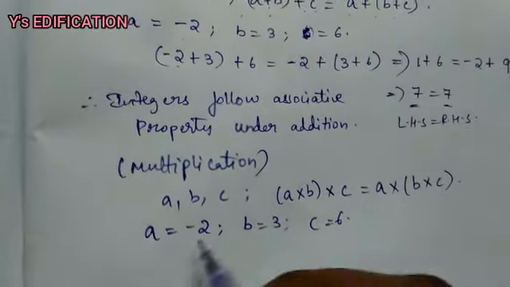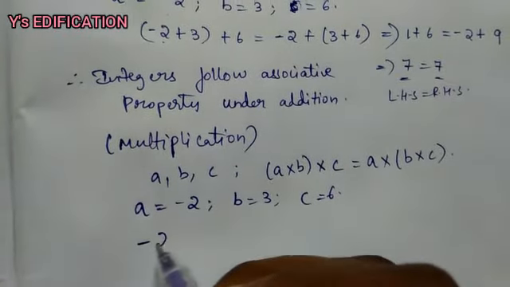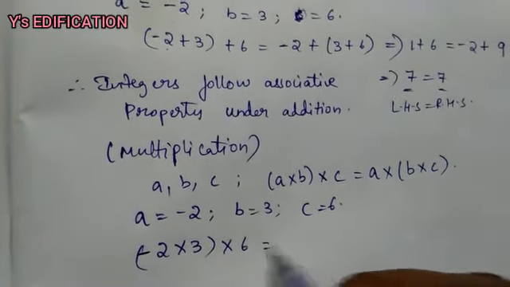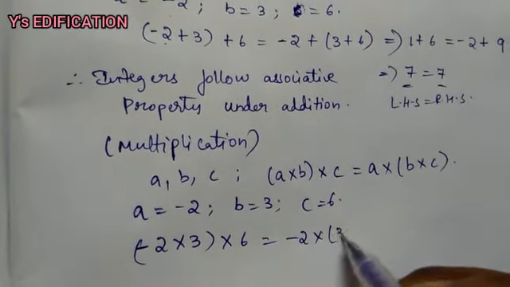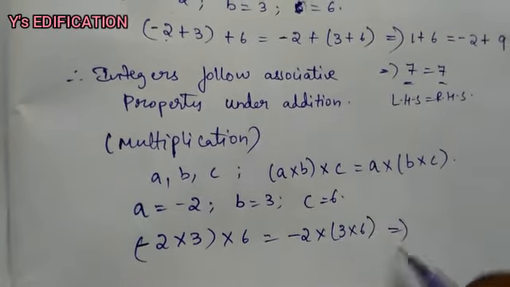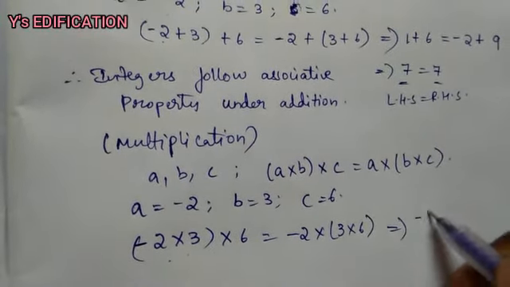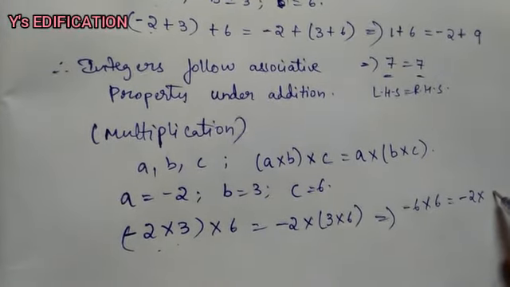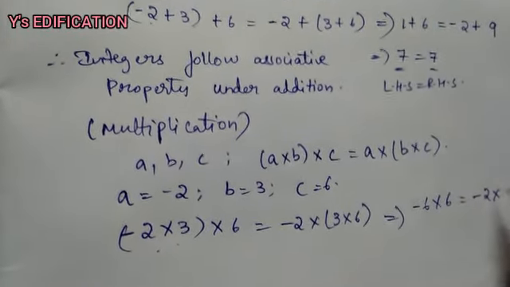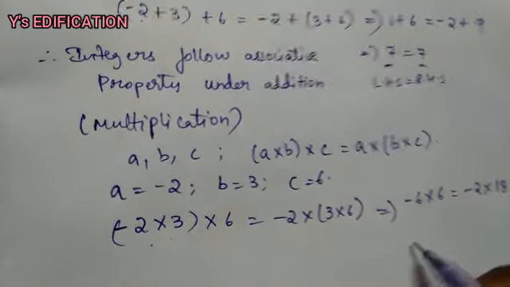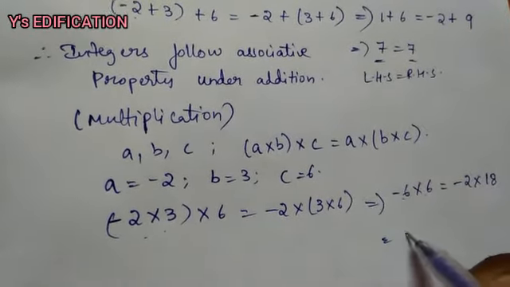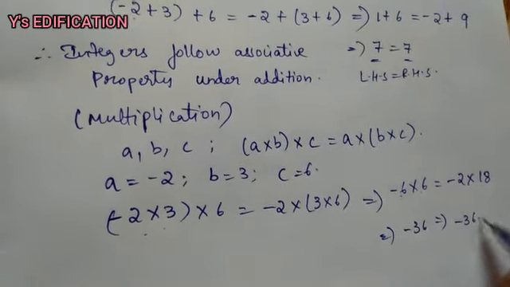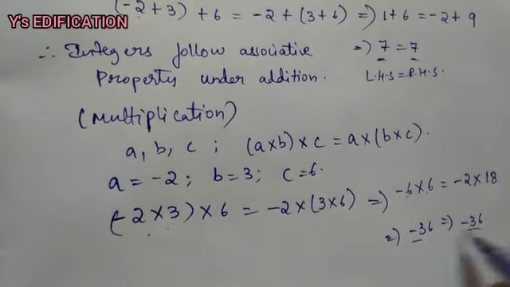Now substitute this: (minus 2 into 3) into 6 is equal to minus 2 into (3 into 6). So 3 into minus 2 is minus 6, into 6 is minus 36. And 3 into 6 is 18, minus 2 into 18 is also minus 36. So here also LHS is equal to RHS.